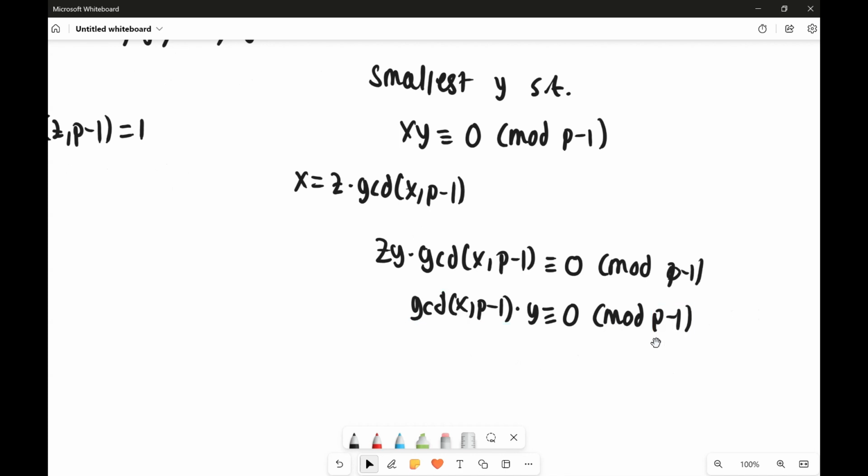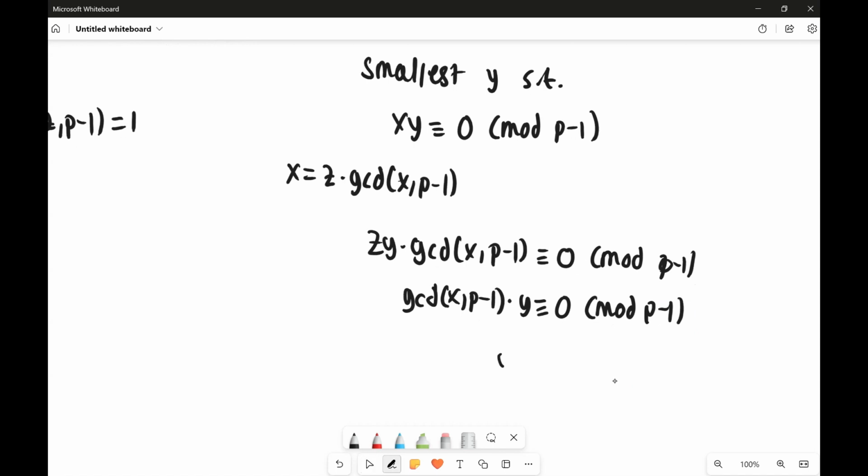So the best we can do from here is just set y equal to p minus 1 over this GCD, because that's the smallest number that will cover the rest of the prime factors. And this will work because it's GCD times p minus 1 over the GCD, and the GCDs cancel out.